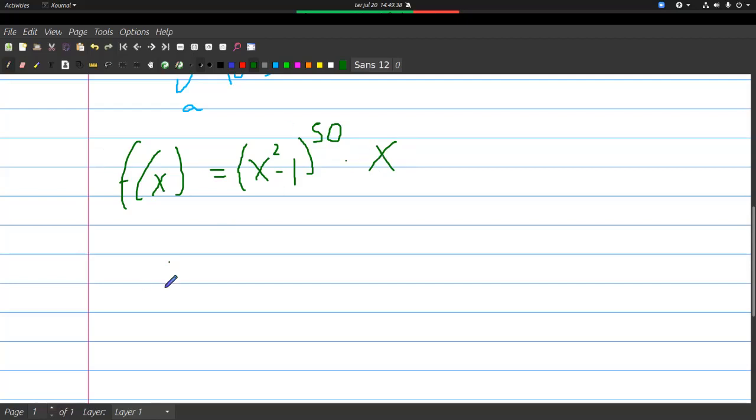And so we're going to indefinitely integrate. It's an indefinite integration of f of x, here x squared minus 1 to the 50th power times x.